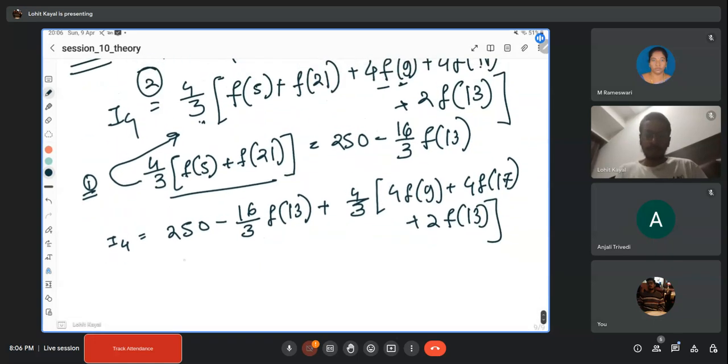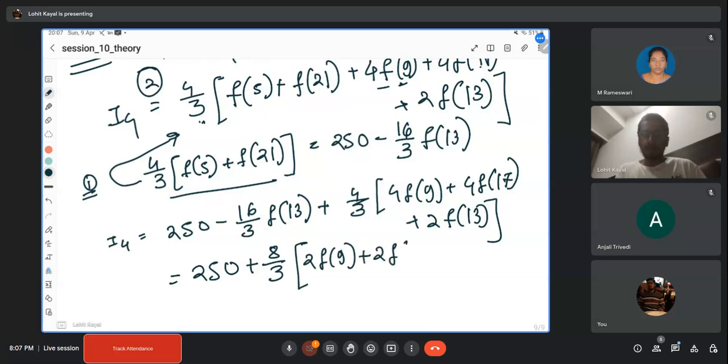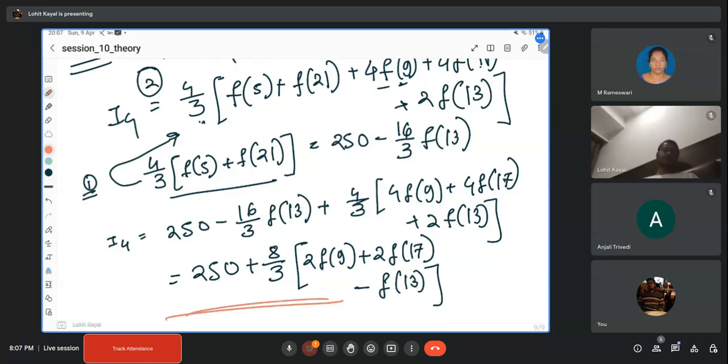So if you do the calculation, you will find the final answer will be 250 plus 8/3 f13 plus 2 f9 plus 2 f17 minus f30. So this is your answer.